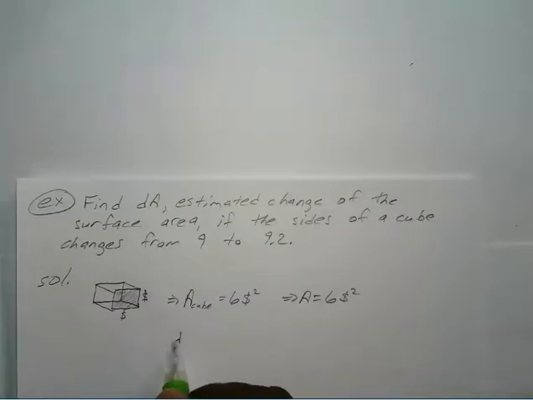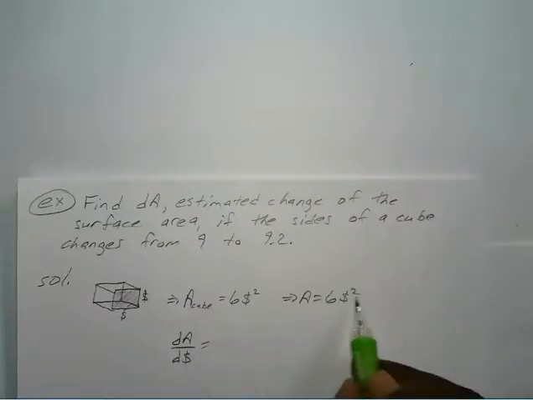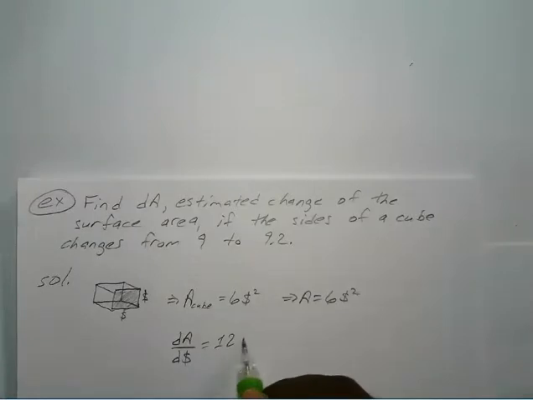So the change in the area with respect to the side is just the derivative of that, so we bring down that 2, and that's 12S. But to solve for our change in surface area, we multiply both sides by that dS.